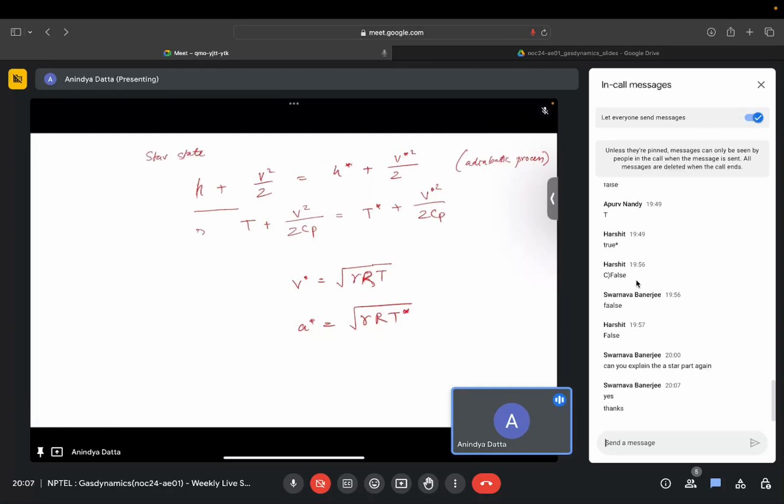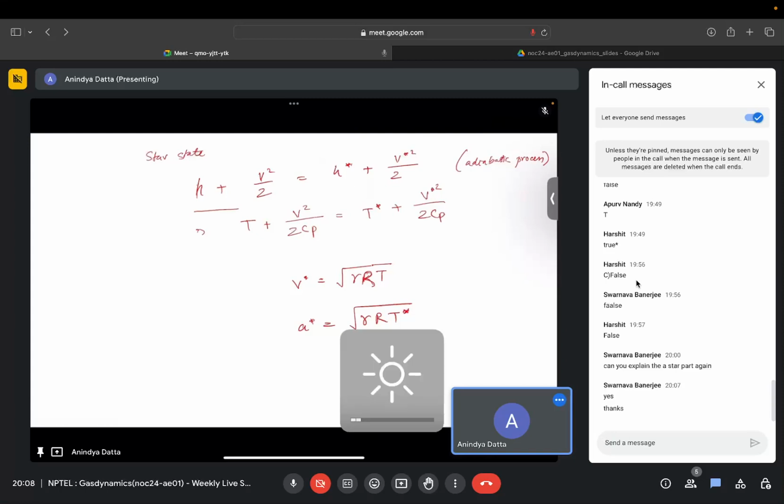So if the flow stays adiabatic, say the flow is going from station 1 to station 2, the star and stagnation states are defined only at the corresponding state points. But if the flow stays adiabatic, the star and stagnation properties at both state points will be the same.